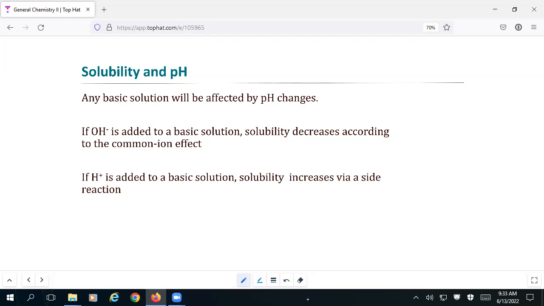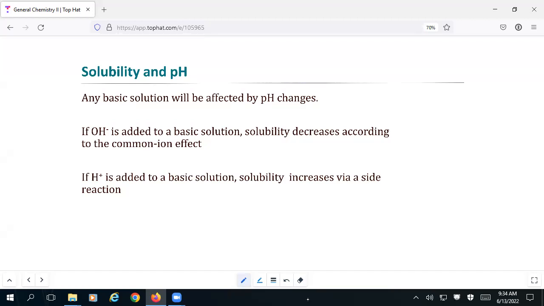And we can usually calculate those differences, especially if they are direct applications of the common ion effect. So in particular, if I've got a hydroxide insoluble salt and I'm adding more hydroxide to it, or I'm increasing the pH of that solution through the addition of sodium hydroxide or something else, I'm going to see the solubility of that salt diminish considerably from the common ion effect.